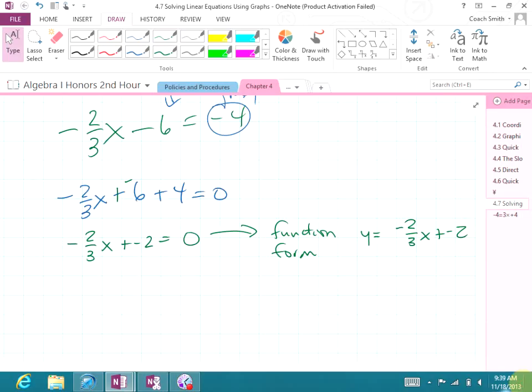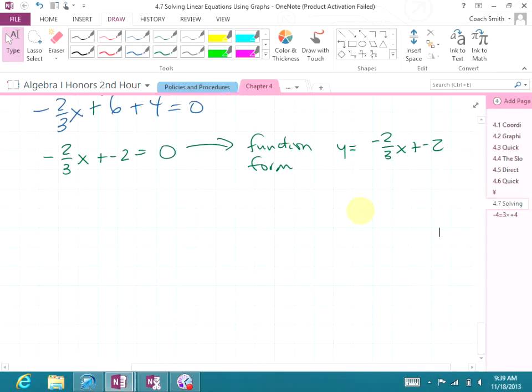All right, now that we have our function form, we need to go back and solve for x, because they want us to do this algebraically first. Okay, they don't want you to do it on a graph and then come back and get what your answer is. We'll do that here in a second. All right, so we need to solve for x.